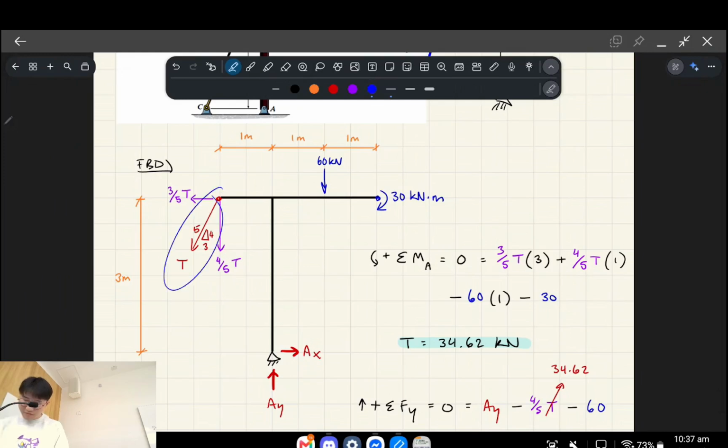And what we can do is that diagonal, which is in tension T, we can actually split that up into its horizontal and vertical components. And this will be useful because when we're finding our lever arms, it's more obvious the geometry, stuff like that, okay? So that's the first thing.